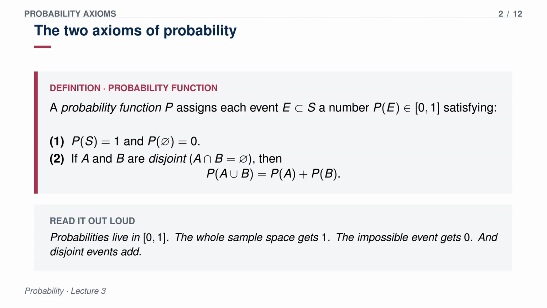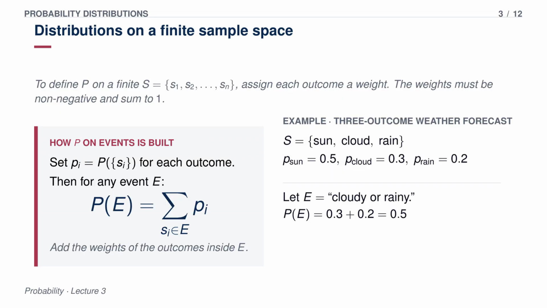Okay, but if that is the foundation, how do we actually go about building this function on a finite sample space? Like, we need a way to assign the actual numbers. Well, we assign a weight to each possible outcome. Okay. The only requirements for these weights are that they must be non-negative, and if you add up the weights of every single outcome in the sample space, they have to sum to exactly 1.